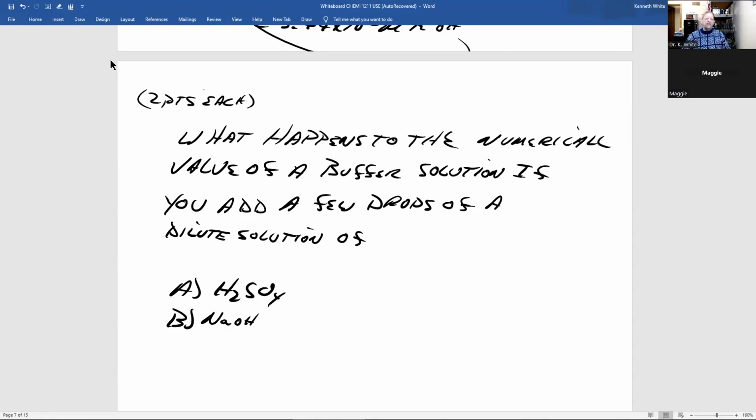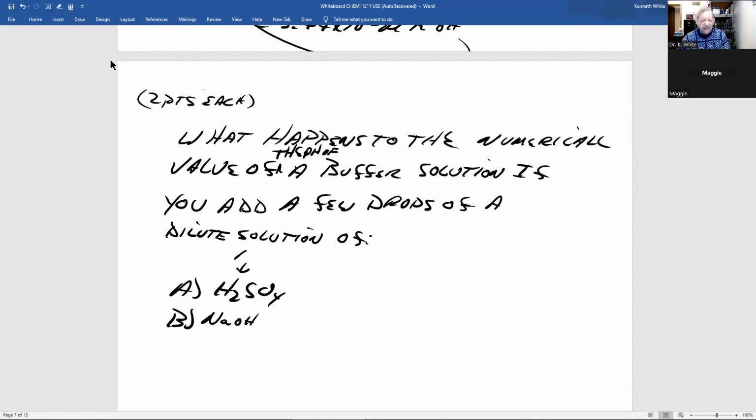All right, let's look at this. 2 points each. What happens to the numerical value of the pH of a buffer solution if you add a few drops of a dilute solution of, and the first one is H2SO4.